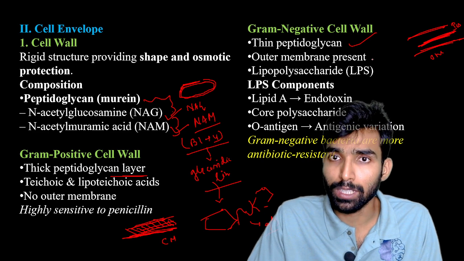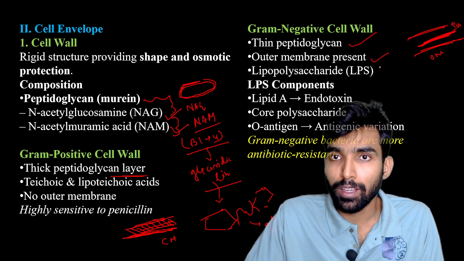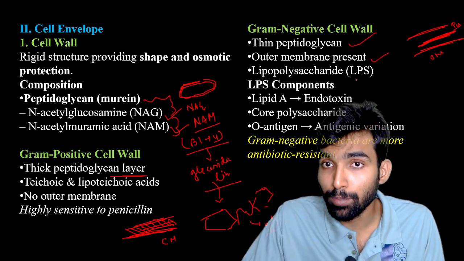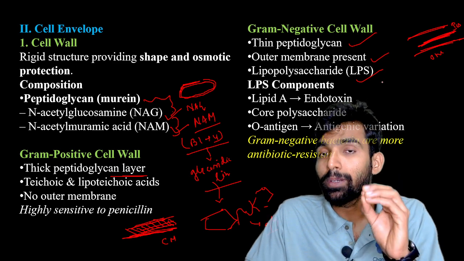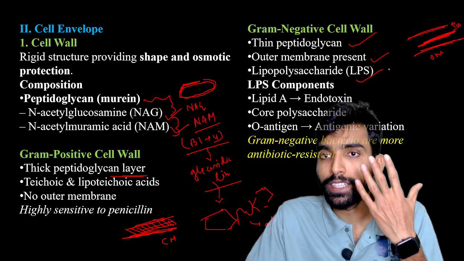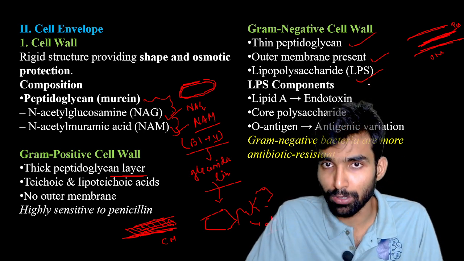So here the outer membrane is present in gram negative bacteria. Another thing is the lipopolysaccharide, LPS. Remember, LPS is present only in gram negative bacteria, not in gram positive bacteria.